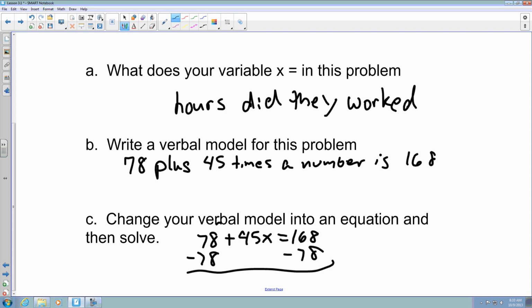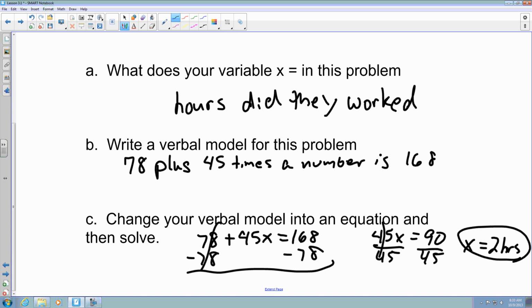I'm left with cancellation here, so I've got 45x equals 90. I'm going to divide both sides by 45, which gives me x by itself on one side of the equal sign, and x is going to equal 2. It was 2 hours. So it took the repair shop 2 hours to fix the car.